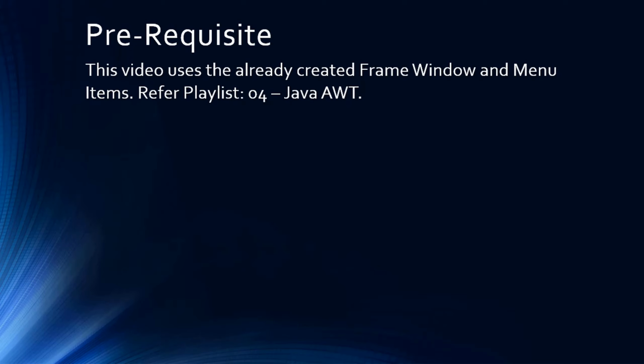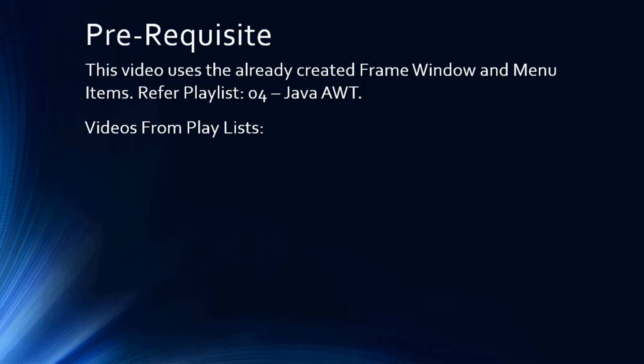This is the prerequisite for this video. You have to go to our playlist 04, the Java AWT playlist, on the channel. At this stage we have only 5 playlists, but in future you may have many. So you can search for Java AWT, and the playlist number is 04.